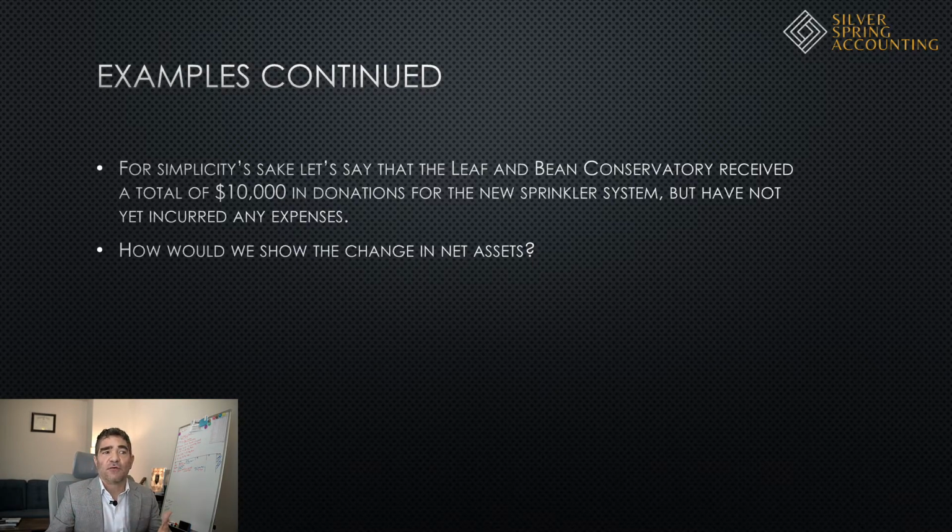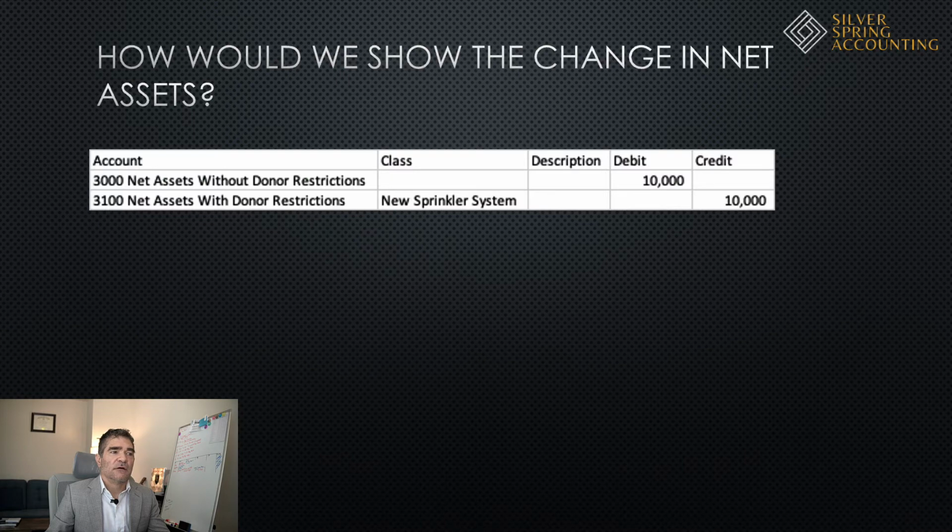How would we show this change in net assets? So far they've received $10,000, and during our normal transactions, you notice we are not hitting net assets. That's not part of a normal transaction. That's really generally part of our closing transactions.